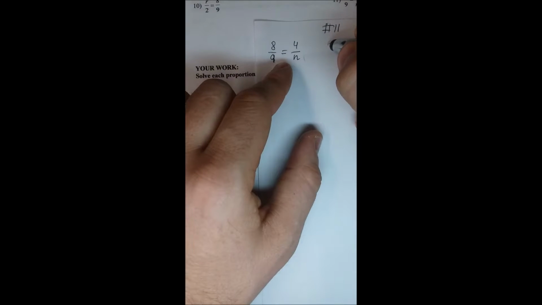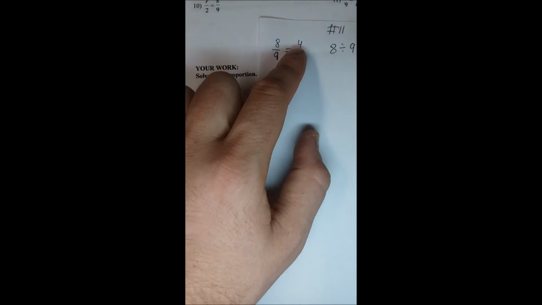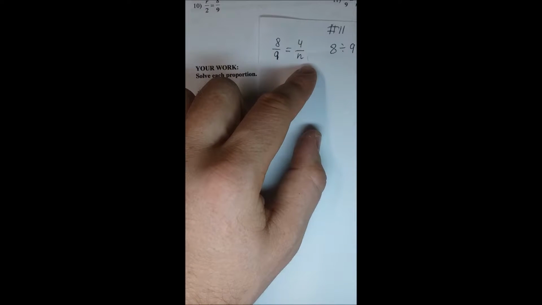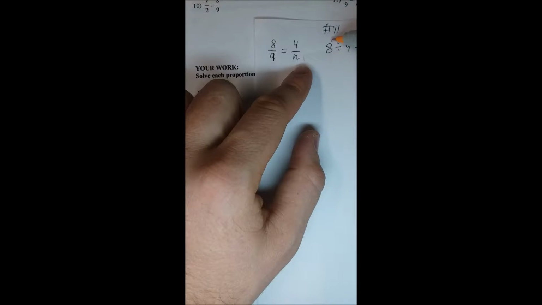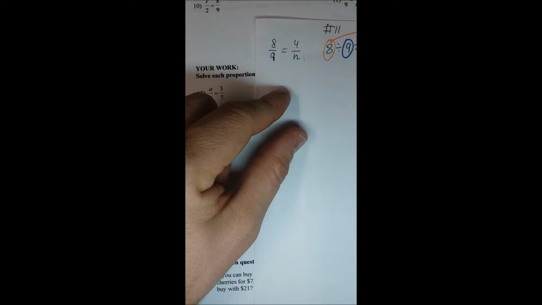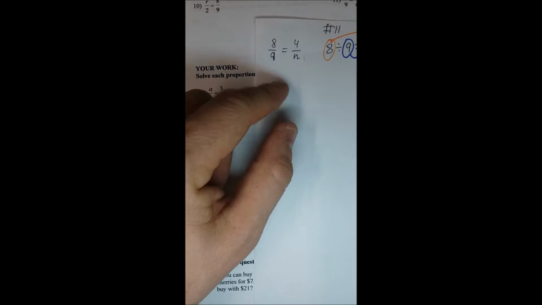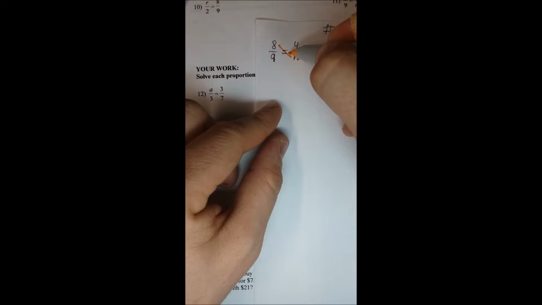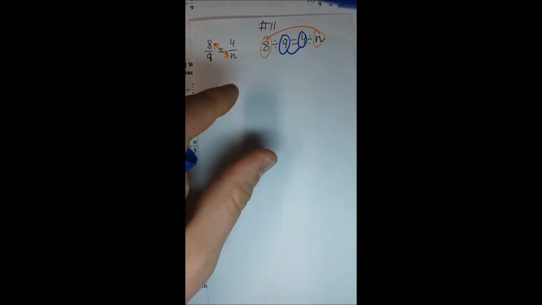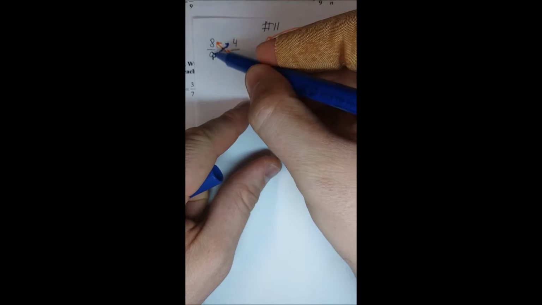If you want me to write it like 8 divided by 9 equals 4 divided by n, if you want to connect the outer ones first, the 8 and n, and then the inner ones, the 9 and 4, you can do that. Or you can just simply either circle them or draw the arrows towards them. That's also acceptable, okay?